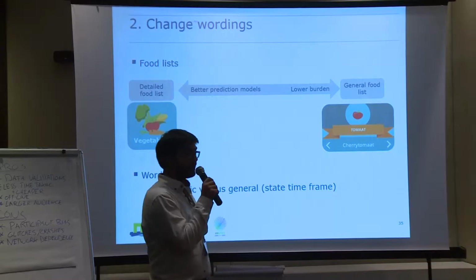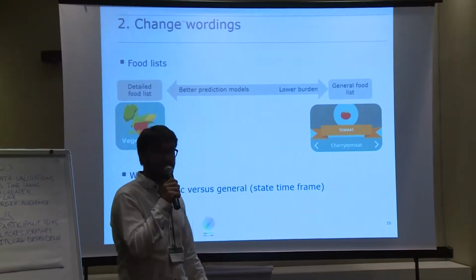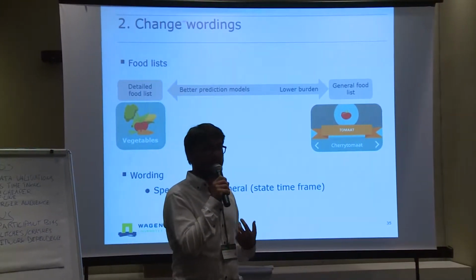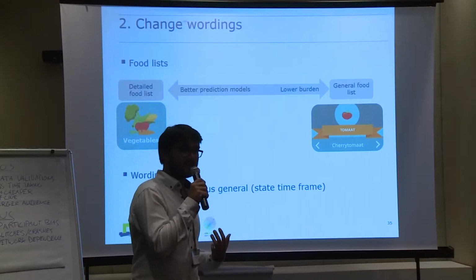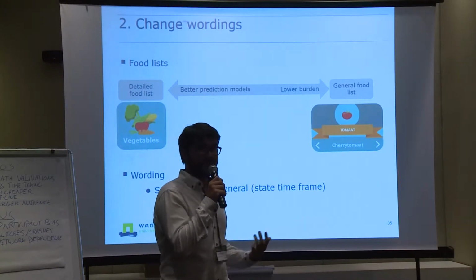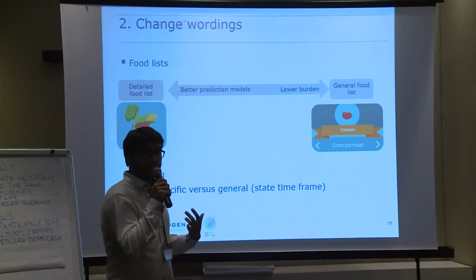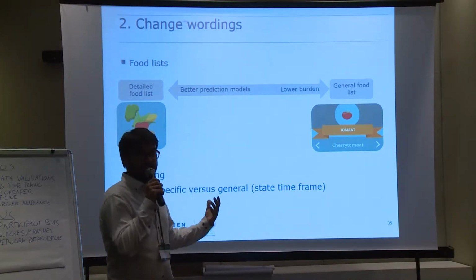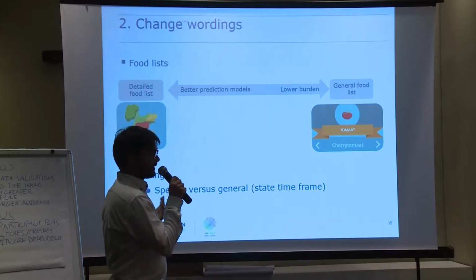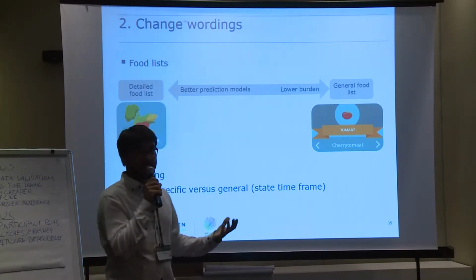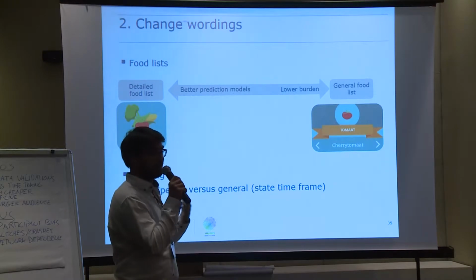Changing wording. If you read a scientific paper, quite often the surveys are not phrased in a way that everybody can read them easily. Moreover, they're quite extensive, with long phrases, and they're not very specific, so mostly they're asking for something in general.